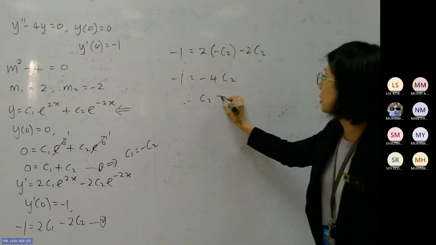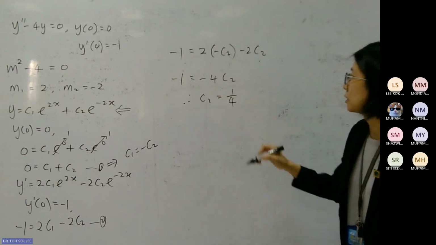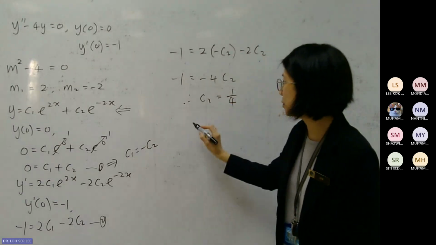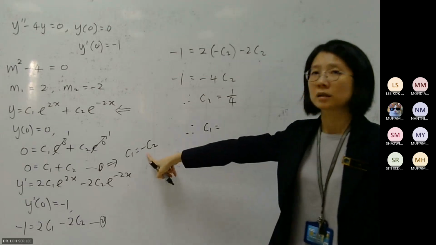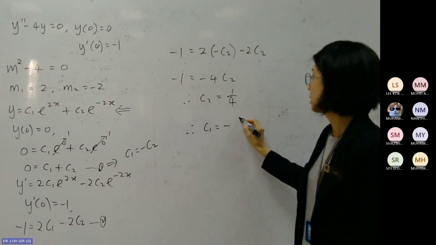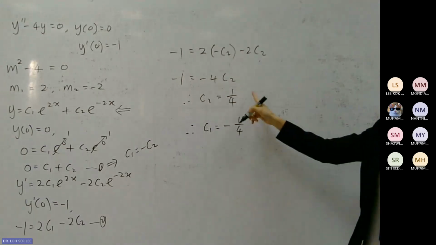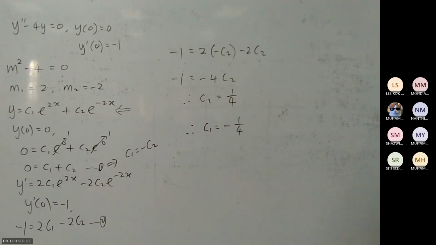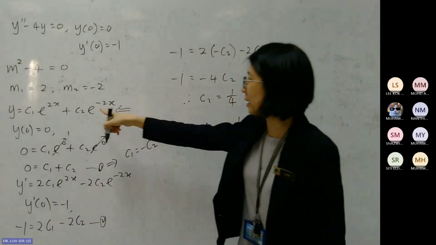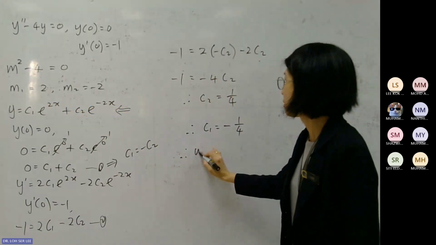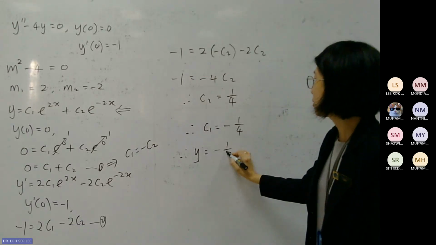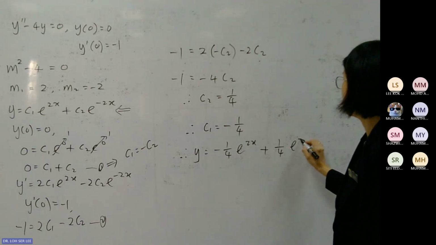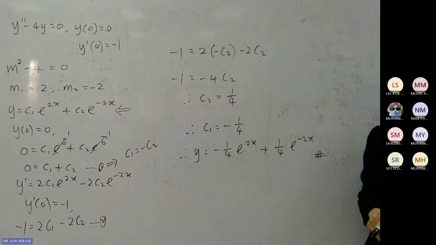This means you get your C2, which is 1/4. When C2 is 1/4, your C1 will be negative 1/4. Then put these two back in. Your y is negative 1/4 e^(2x) plus 1/4 e^(-2x). Okay, this is the final solution.